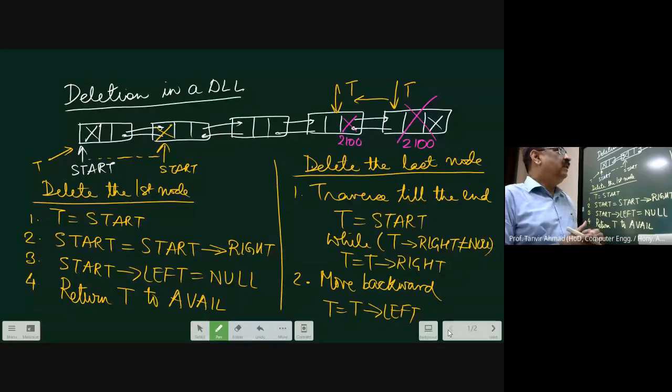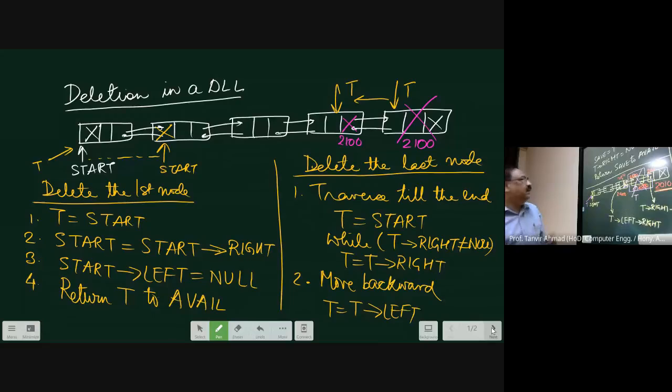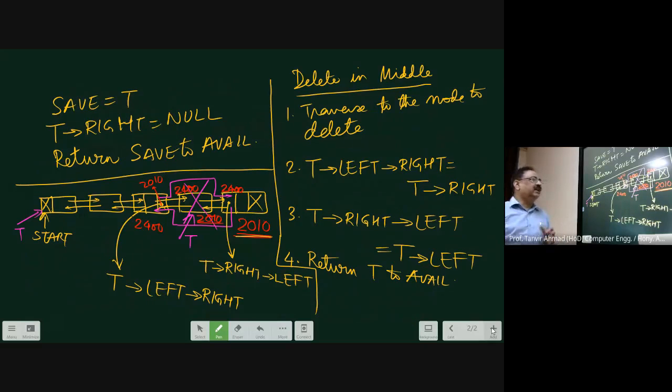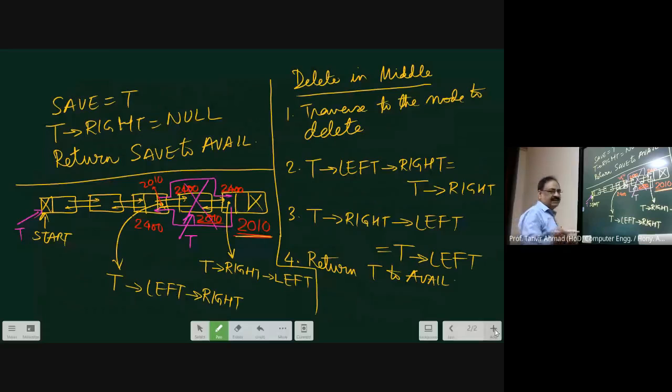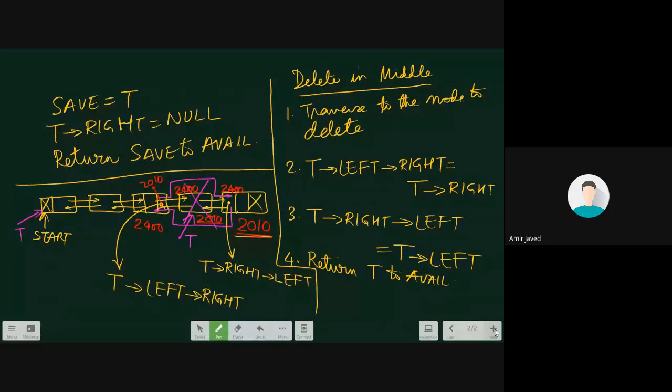That means it will move from the last to the second last. Then I will save T over there. Just a small thing: yes, that is correct, save is equal to T must be written before that. Okay, that is fine.